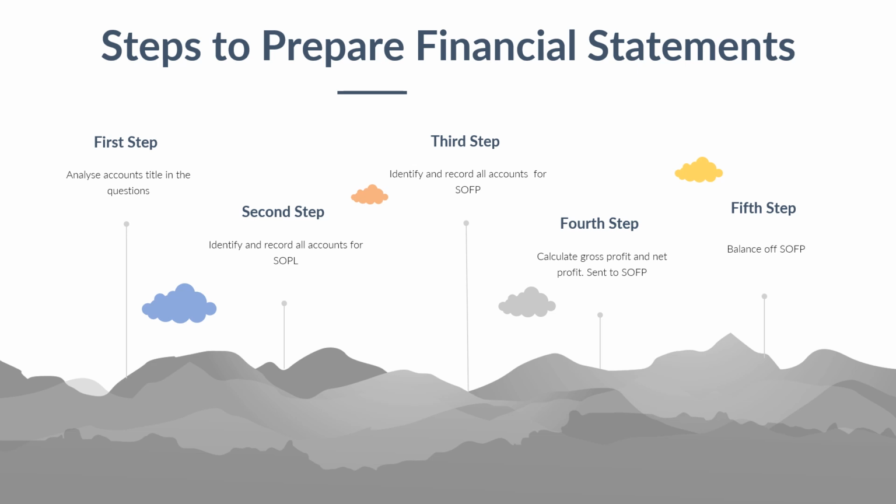And then third step, you identify and record all accounts for statement of financial position or balance sheet. Fourth step, okay, you calculate gross profit and net profit from statement of profit or loss, SOPL, and then you send to SOFP, statement of financial position or balance sheet. So final step, you balance off your statement of financial position. Make sure your total asset equivalent to total liability.